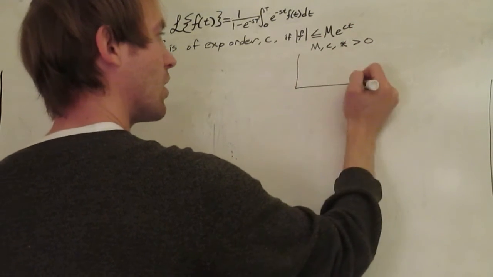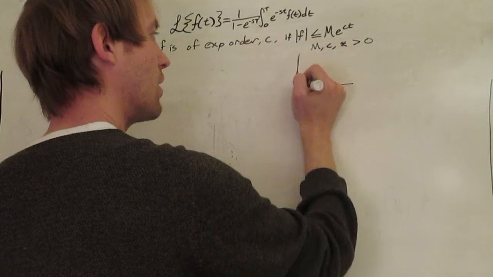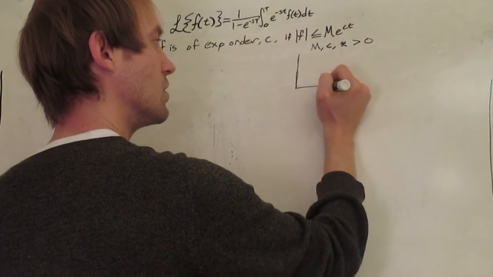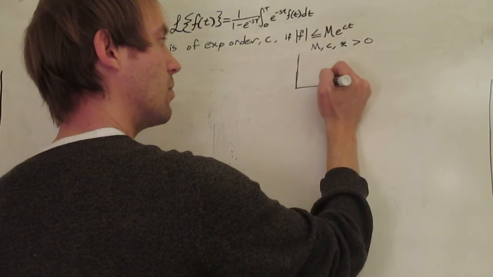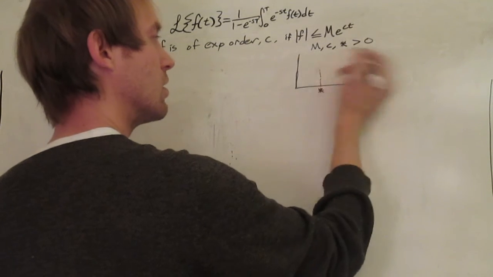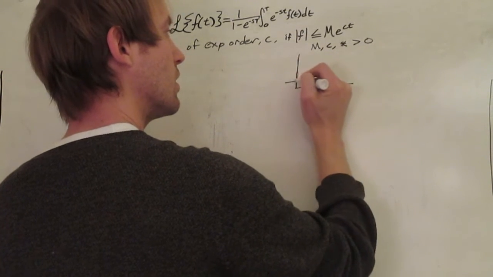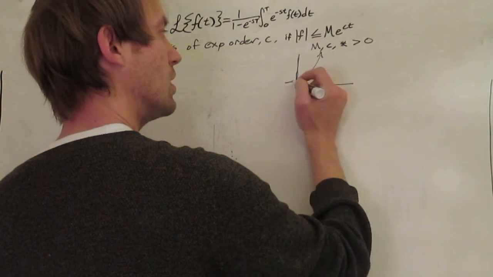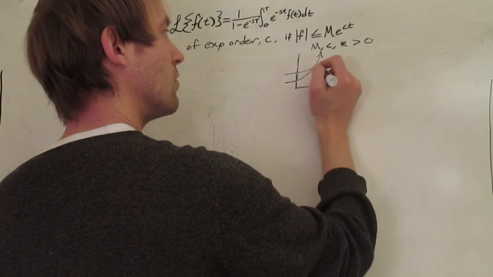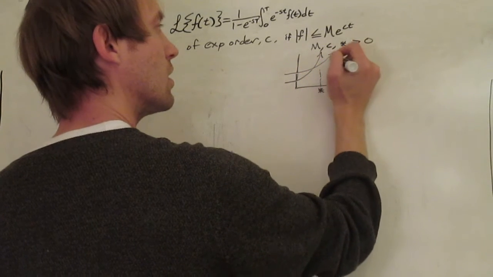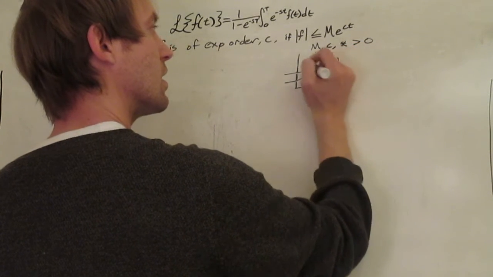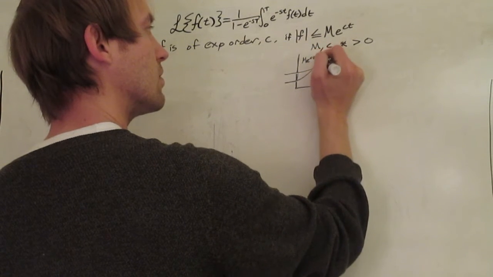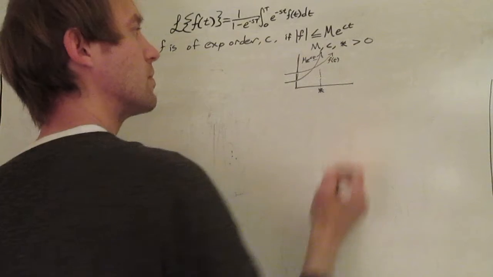Why did I say star? Well, what I was looking at had t, and I don't want capital T to confuse you, so we're going to say there's some point star, and this is the exponential function. It climbs pretty rapidly. Let's say this is f of t, and this is m e to the ct right here.